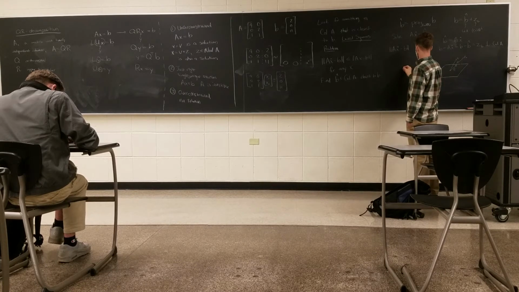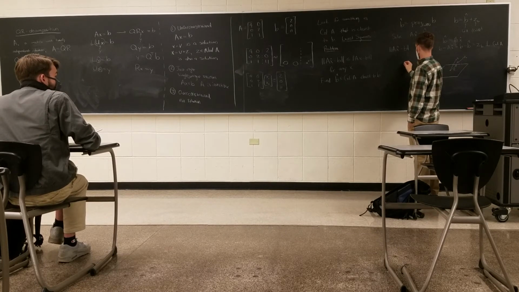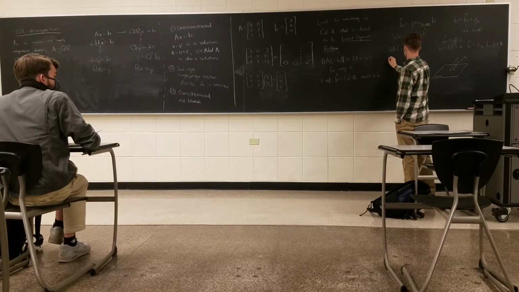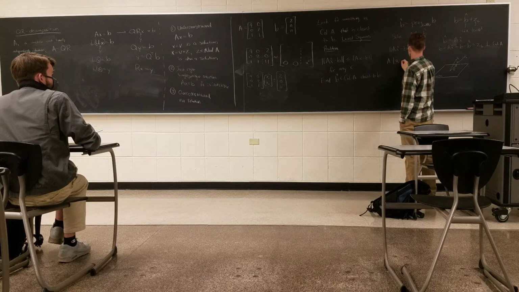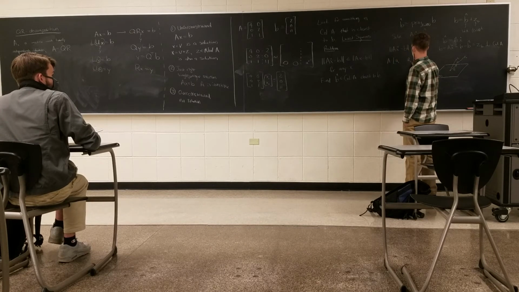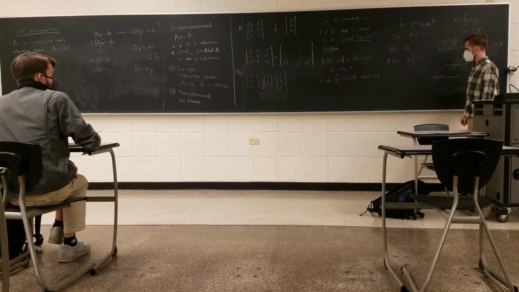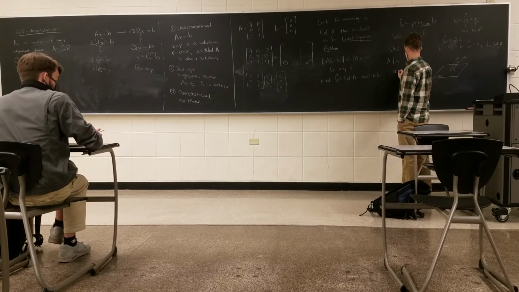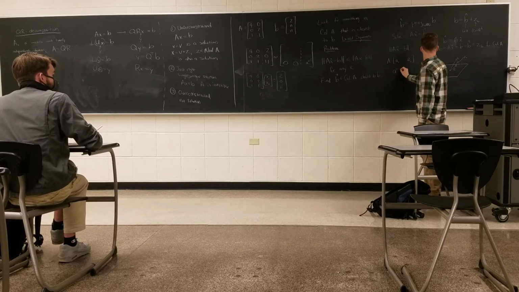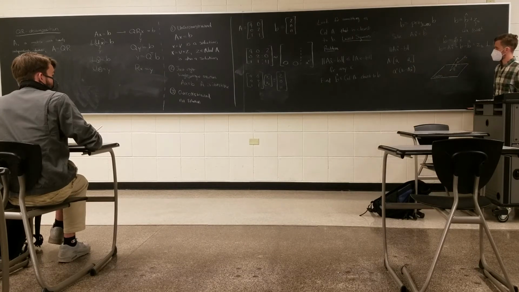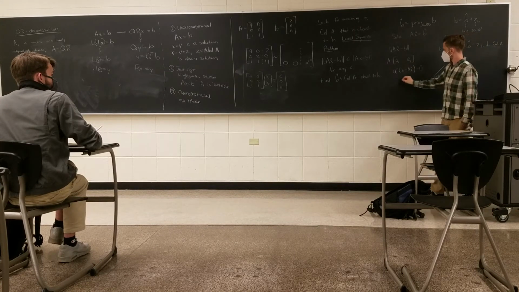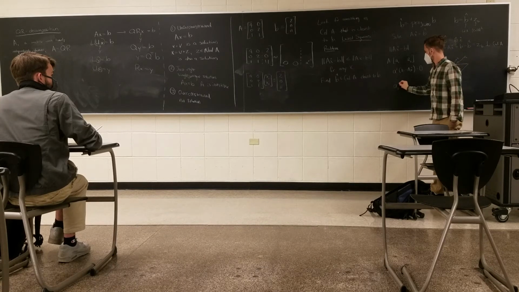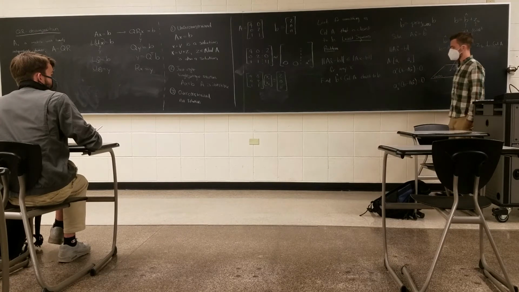So what I'll do is I will take the columns of A and I'm going to write this. A1 up to Ak, those are the columns of A. And I'll write it like this: A1 transpose (b minus A x hat) equals 0, all the way down to Ak transpose (b minus A x hat) equals 0.